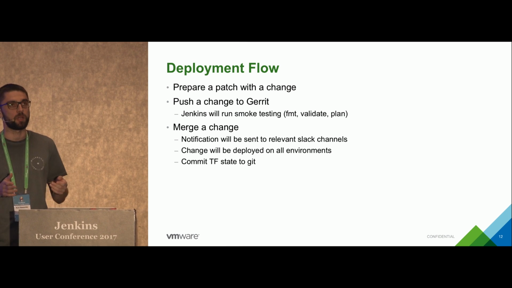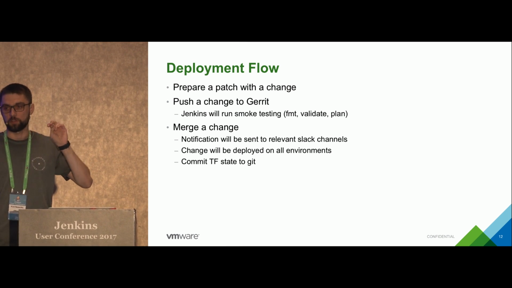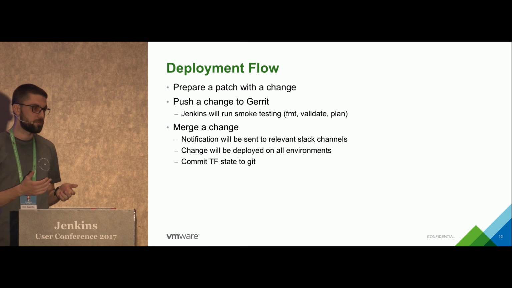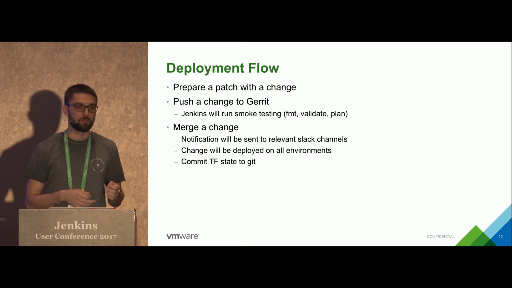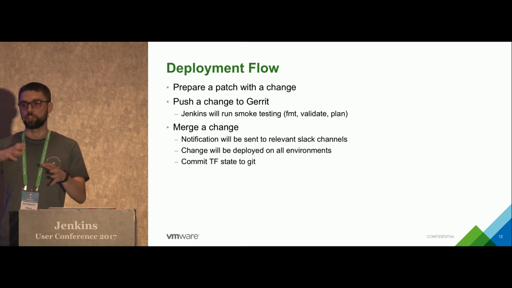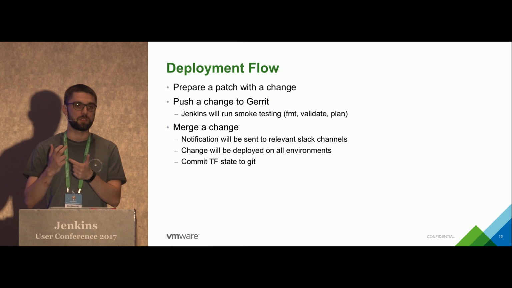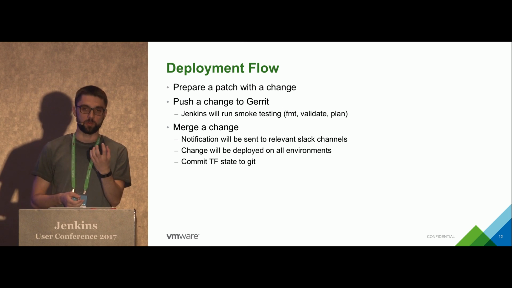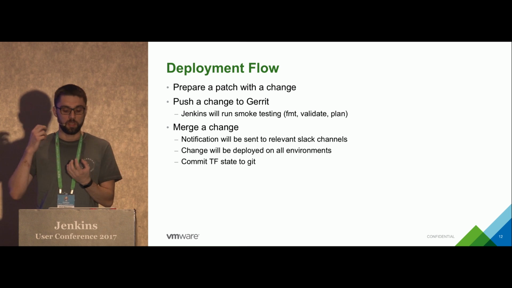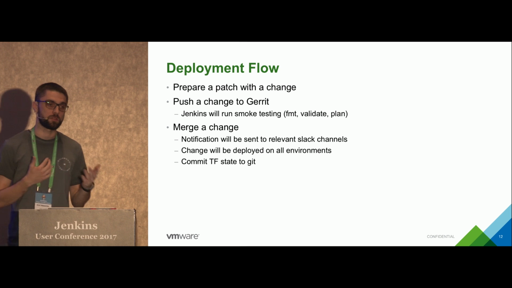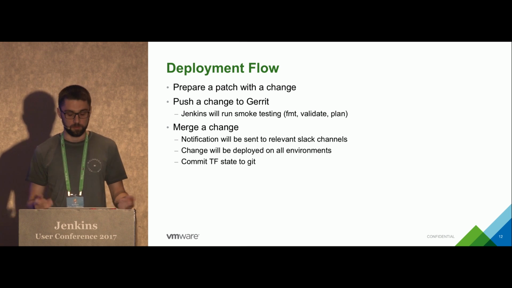You can think about it like a blueprint of your current infrastructure. If you work with Terraform, it's not recommended to go to your environment and change it manually, because then you will have a mismatch between the actual blueprint, which is the TF state file, and your infrastructure. So if you decided to use this tool, use it for everything.